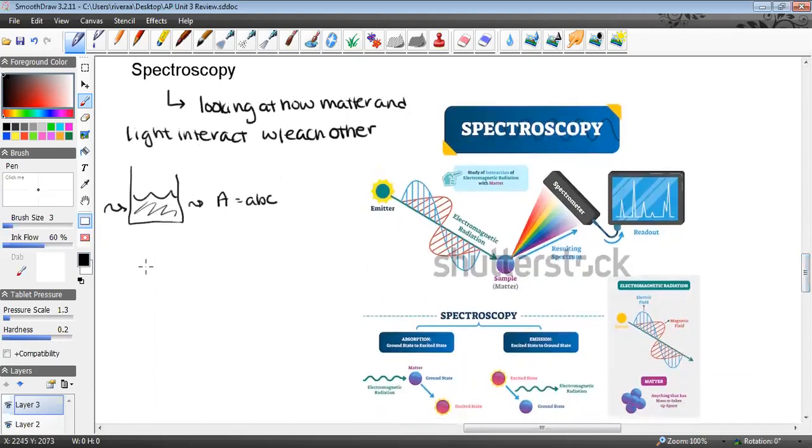Another example of spectroscopy is in the flame test lab. So here's our Bunsen burner, here's our Bunsen burner flame. And we take a Q-tip of sodium chloride and we put it in there and all of a sudden our flame goes yellow. So why are we seeing yellow light when sodium is heated?